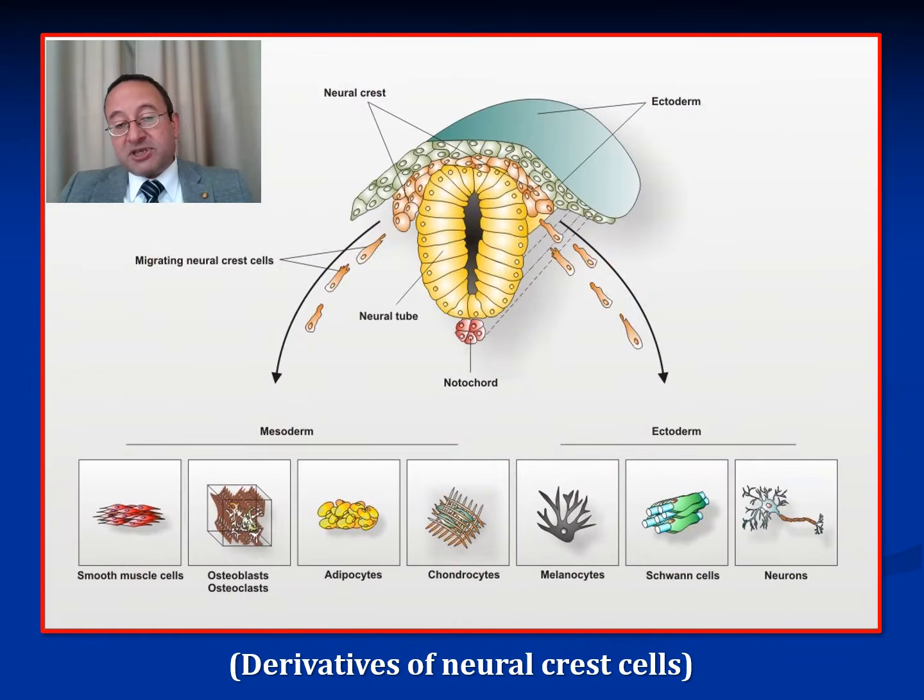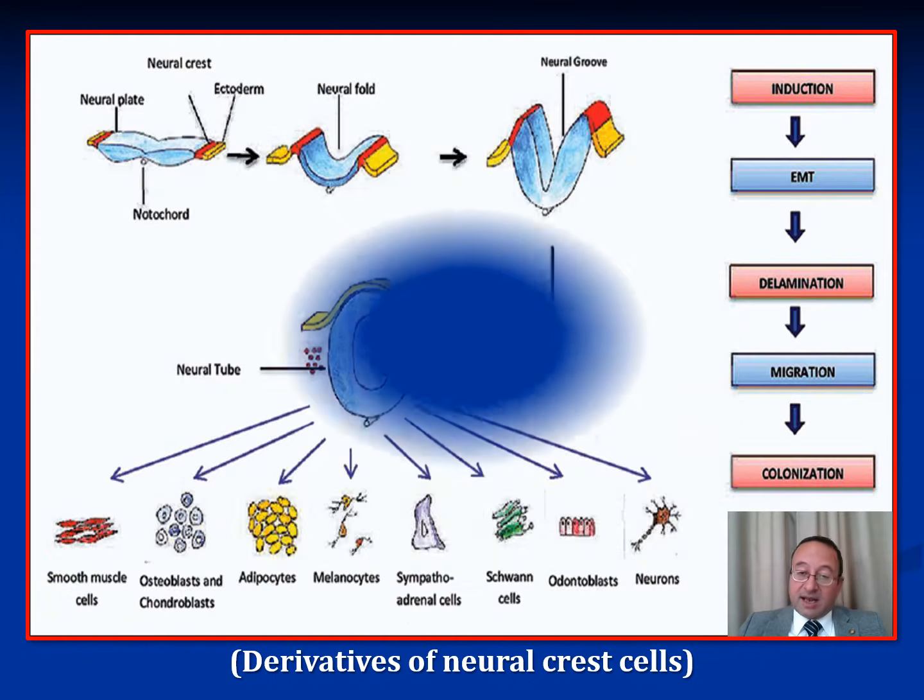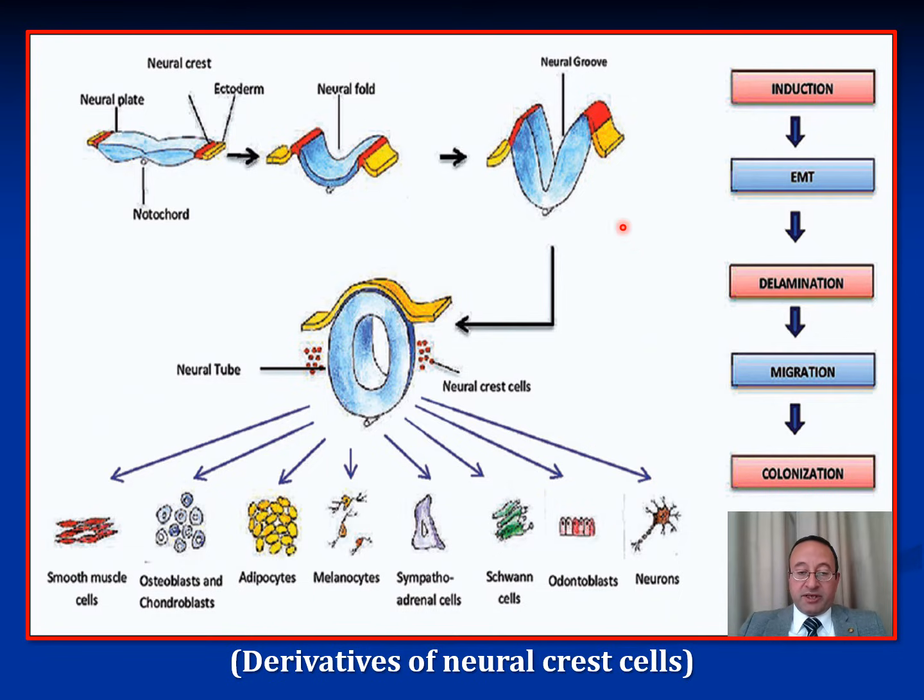Yes, there's a nice picture showing the different derivatives of the neural crest cells. Another picture showing the formation and derivatives of the neural crest cells as they do a process of migration.